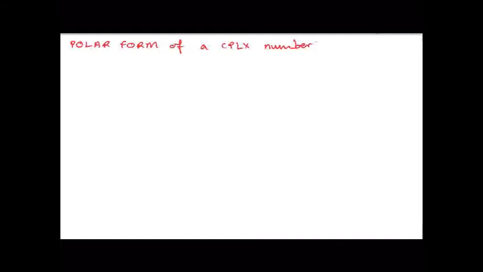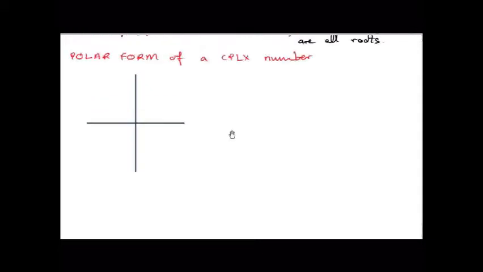It's a no-brainer. Again, we need to have done trigonometry, obviously, before we do this, or it might prove to be a little bit difficult to understand. But imagine that this is our Argand diagram here. So obviously, this here is the real axis, and this here is the imaginary axis.